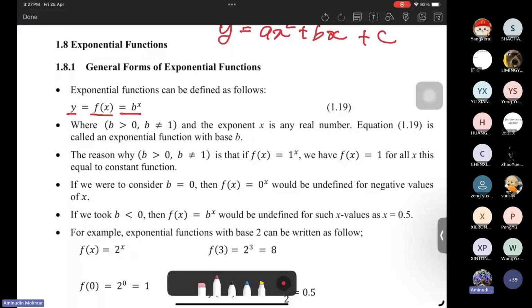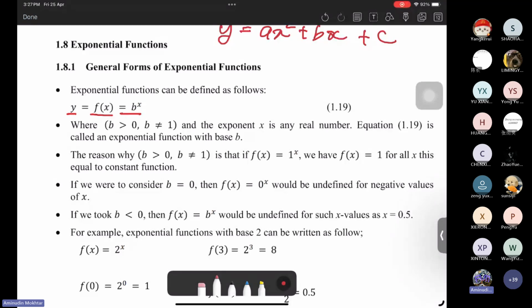If b equals 1, y is always equal to 1, because 1 to the power of any number is also equal to 1. That's why for an exponent, b must be positive, greater than 0. b cannot be 0.